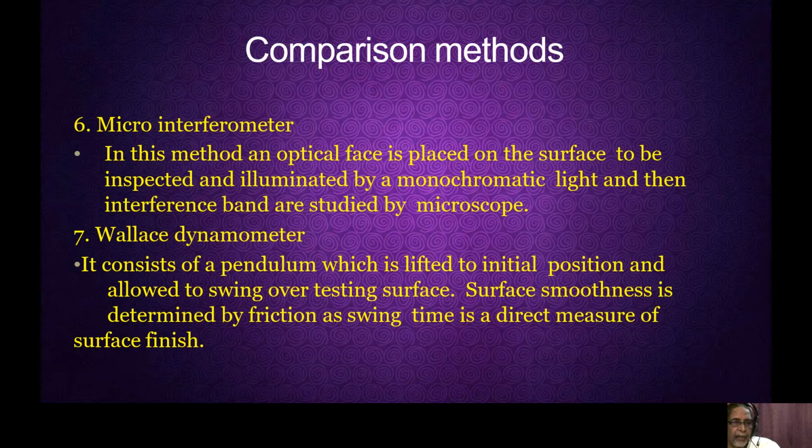Number 7, Vales Dynamometer. It consists of a pendulum which is lifted to the initial position and allowed to swing over the testing surface.